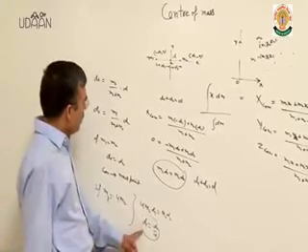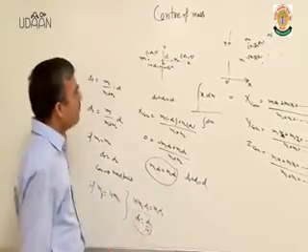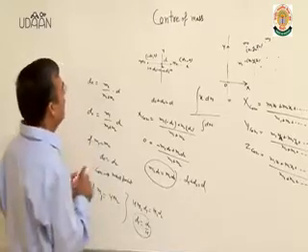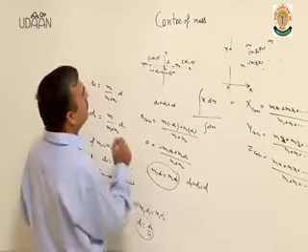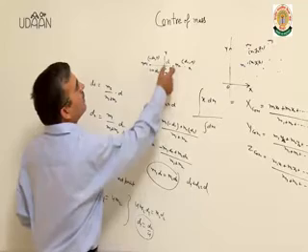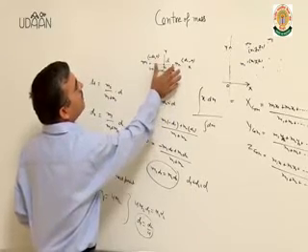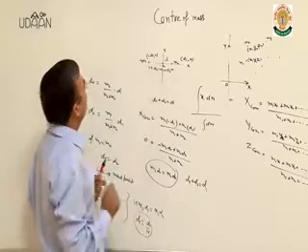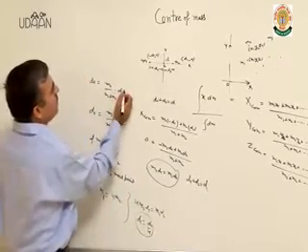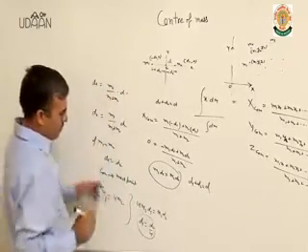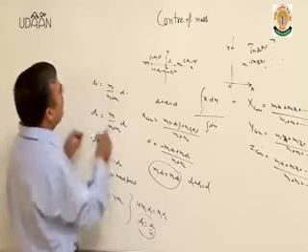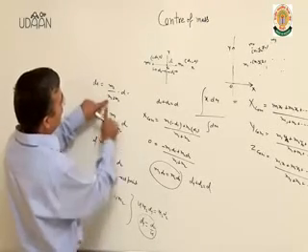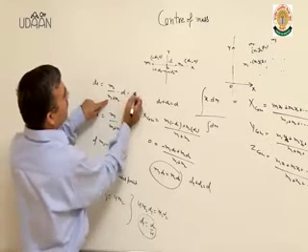Clear? So d2 is large, which means that distance will be large. It means the center of mass will be nearer to m1. And you can calculate directly from here. m1 is 4 times m2, so d1 is d by 5.